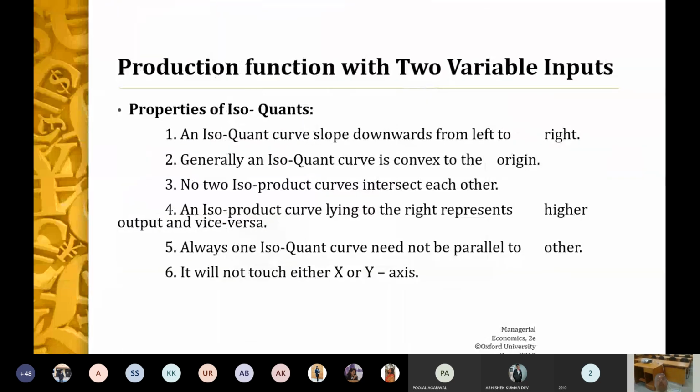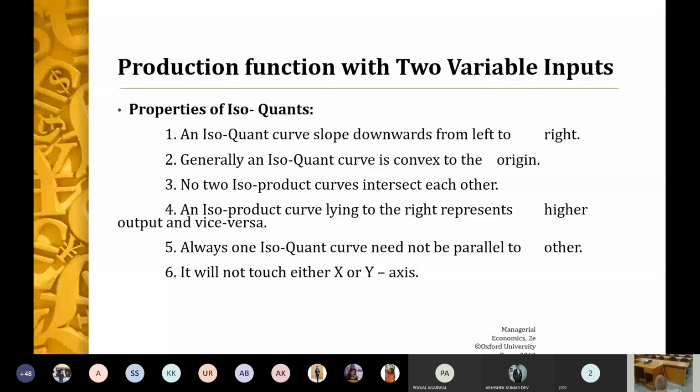Now, there are certain properties of isoquants which we must learn and remember, and which are asked in exams. What are the properties of isoquants? An isoquant curve slopes downwards from left to right.